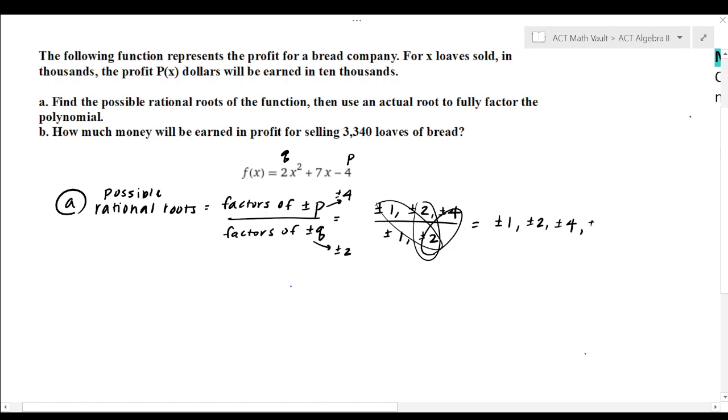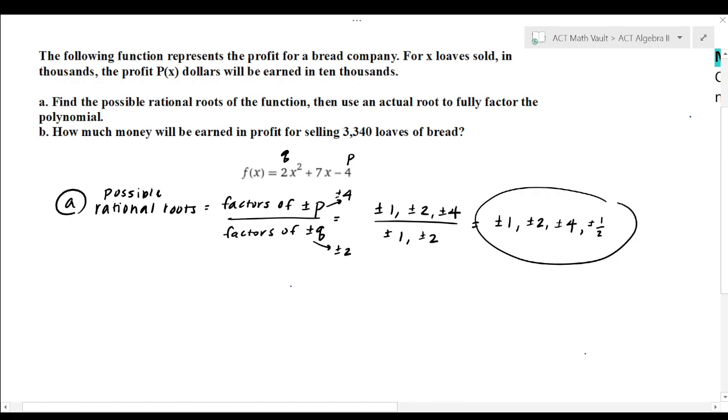So that just adds on a 1/2, and then 2 over 2 is 1, and 4 over 2 is 2. So I already have those in my list. Okay, so I like drawing those little groupings like this because it helps me get all of them. So here is our set of possible rational roots.